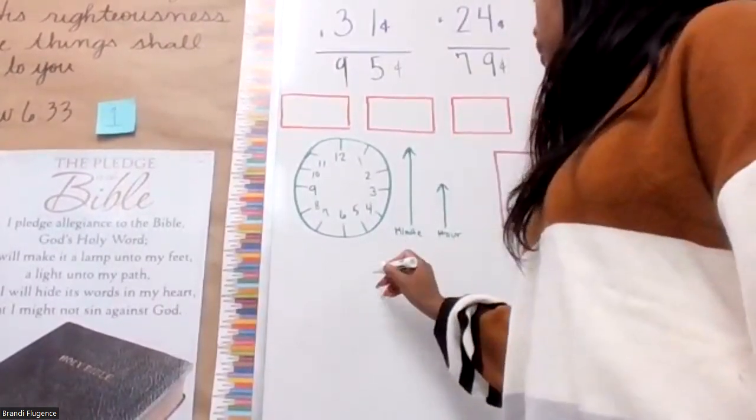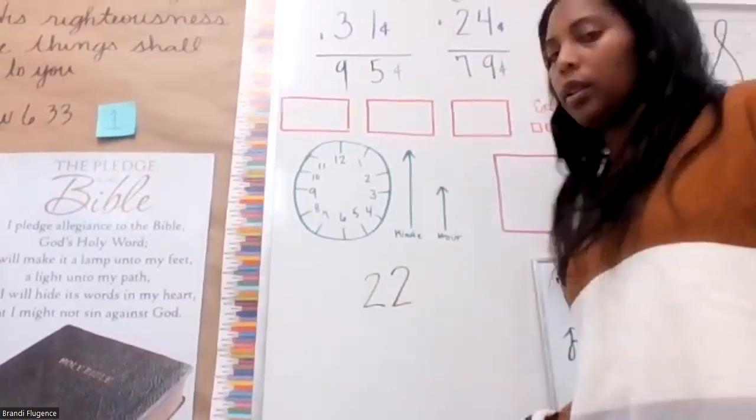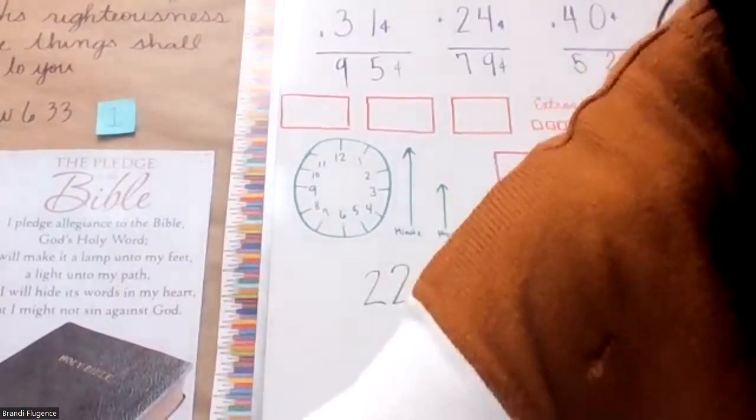We're going to go a little higher. Let's do 22. 22 tally marks.